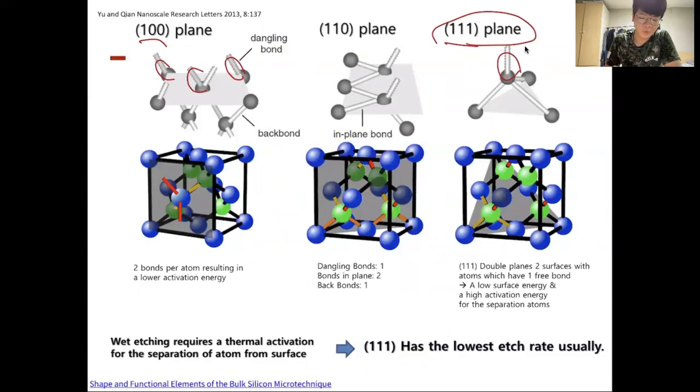So from this difference, the etch rate differs, because in the 111 plane it is hard to remove from the crystal. So the etch rate in this plane is the lowest. On the other hand, in the 100 plane, there are a lot of dangling bonds, so it has a very high etch rate.